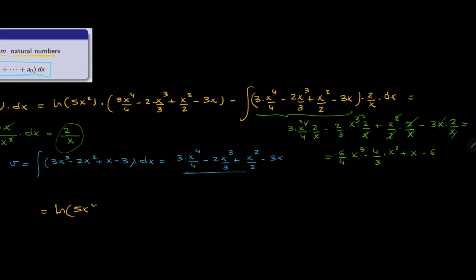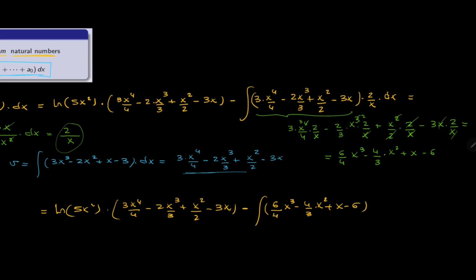So I copy the first part, 3x fourth power over 4 minus 2x cubed divided by 3 plus x squared halves minus 3x, and then minus the integral of 6 fourths times x cubed minus 4 thirds times x squared plus x minus 6 dx.